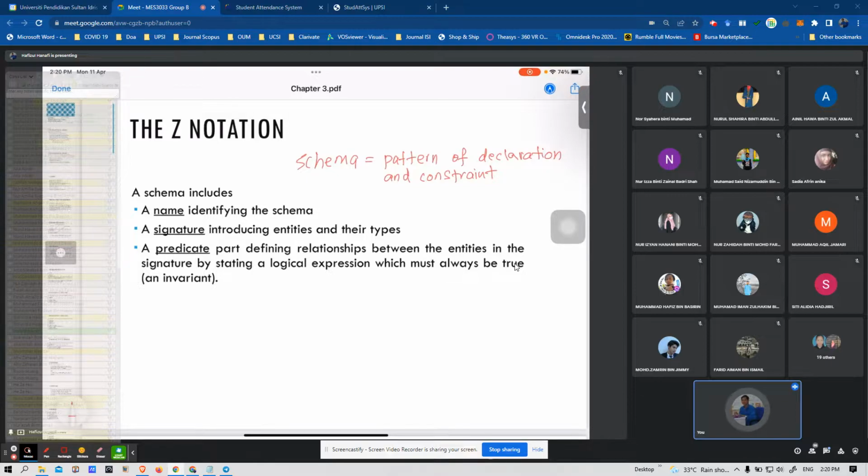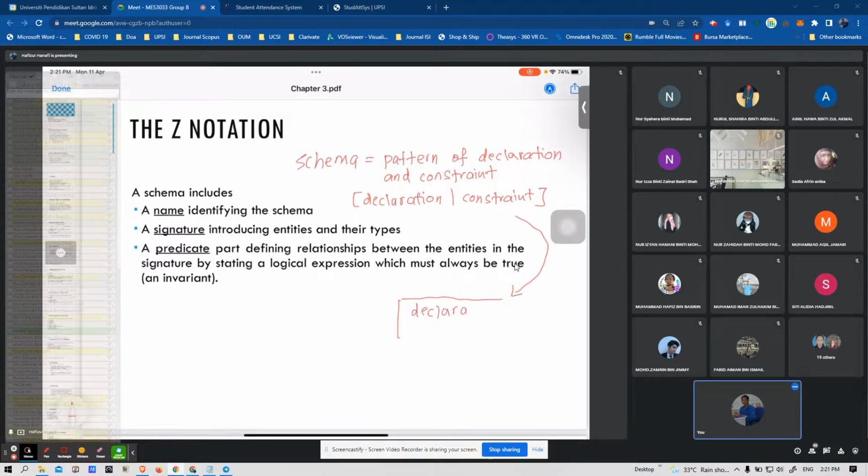Okay, normally in Z notation, for the schema we have a declaration and a constraint. Or you can represent this in vertical form, with the declaration and constraint.